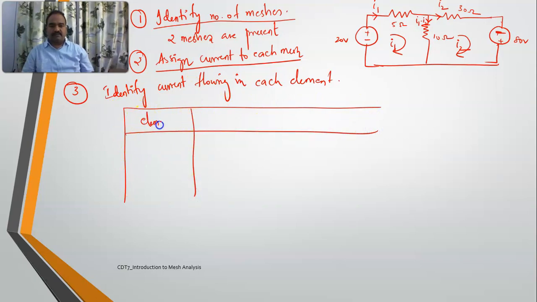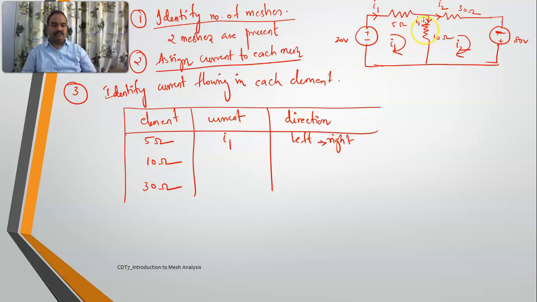What is the element and what is the current flowing and what is the direction of current? How many elements are there? There are 3 resistors. 5 ohms resistor is there, 10 ohms resistor is there, 30 ohms resistor is there. In 5 ohms resistor, what is the current flowing? I1 is the current flowing. And from which direction? It is going from left to right.